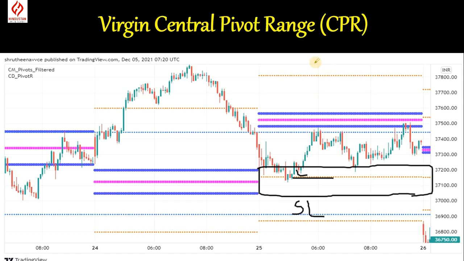Whatever strategy or indicator we are following in trading, there is no such thing which will work 100% of the time, because trading itself is a probability. You need to always remind yourself trading is a probability. That's the reason, for each and every trade that you take, keep a stop loss, right? Never trade without a stop loss, and try to maintain at least 1:2 as your risk reward ratio, right?